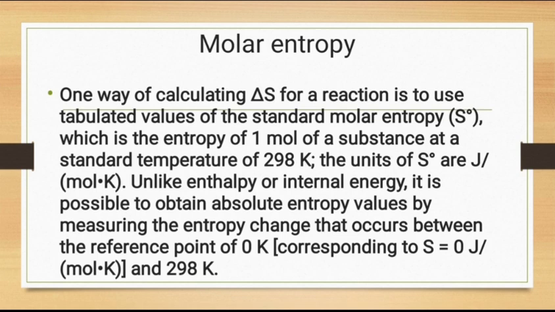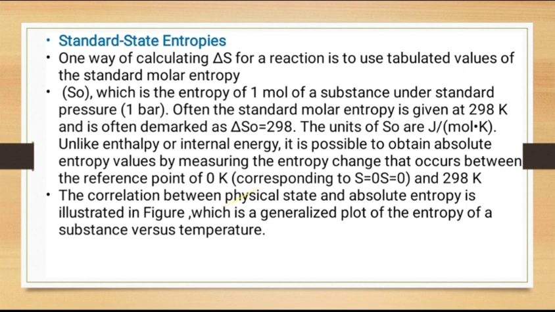Unlike enthalpy or internal energy, it is possible to obtain absolute entropy values by measuring the entropy change that occurs between the reference point of 0 Kelvin and the temperature of 298 Kelvin. And the standard state entropies, one way of calculating delta S, as I have said, the molar entropies are given in the table.